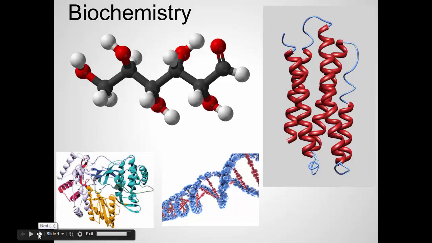This section of the unit is biochemistry, and it will take us quite a while to go through the various sections.